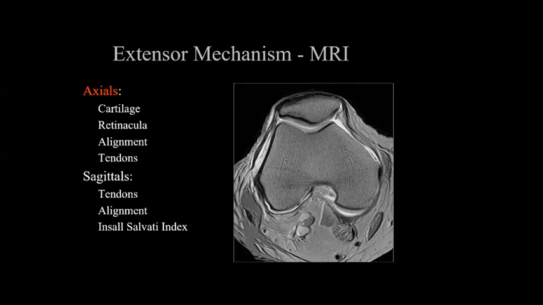When they fuse together anteriorly, they form the medial patellofemoral ligament and medial retinaculum. So this shows you how these 2 structures, the medial collateral ligament and medial patellofemoral ligament, blend together. And sometimes in patients with medial collateral ligament tears, you see tears involving the medial patellofemoral ligament as well.